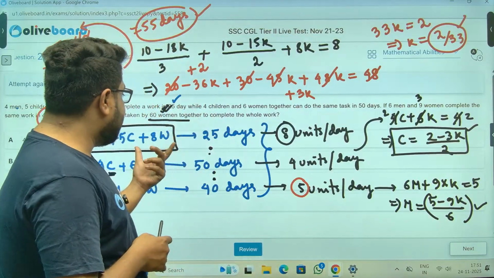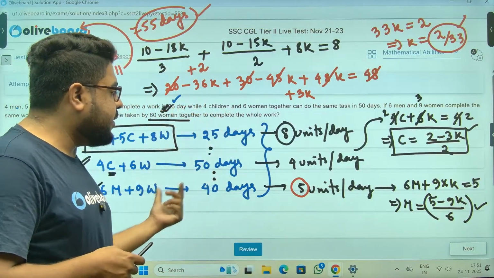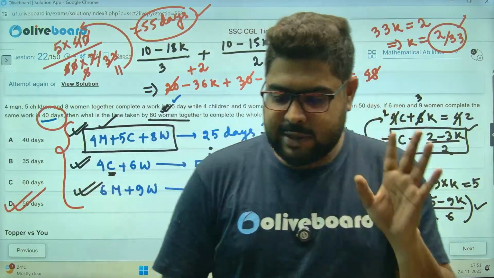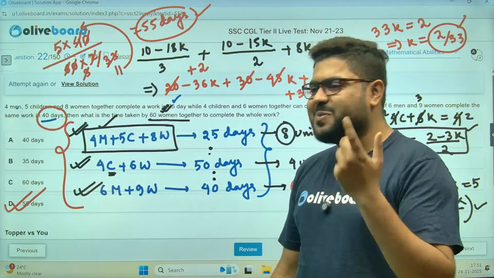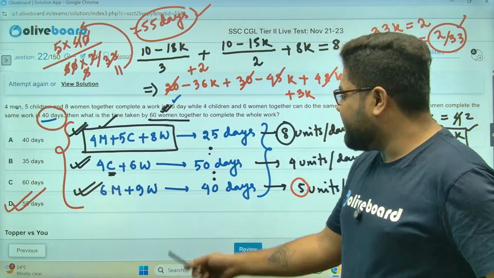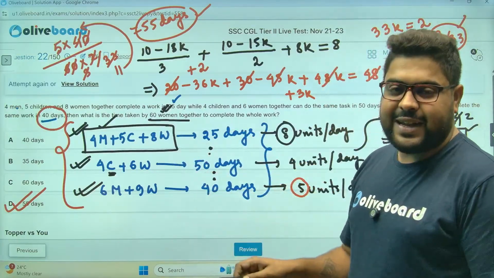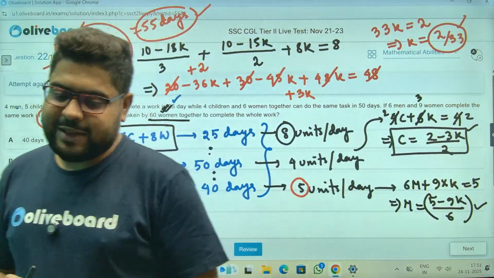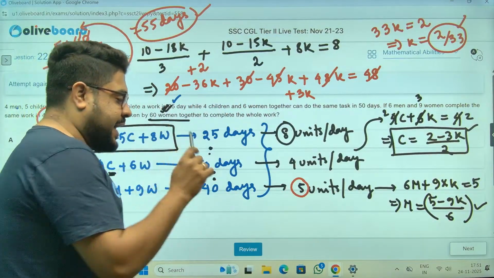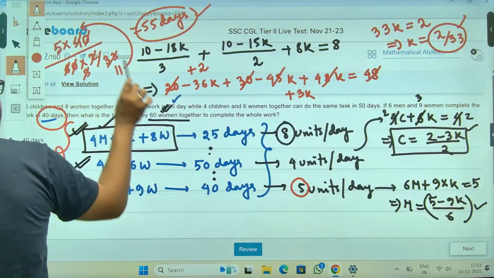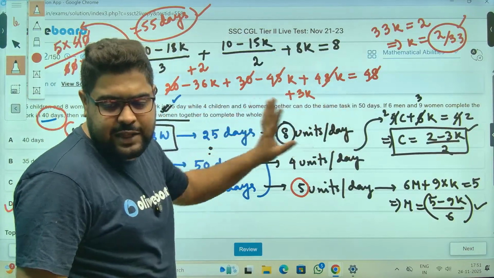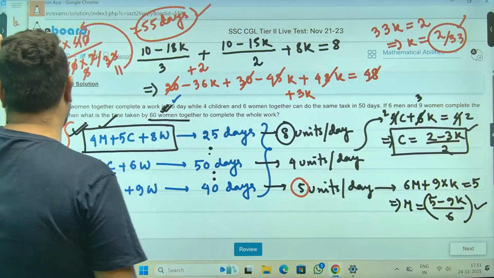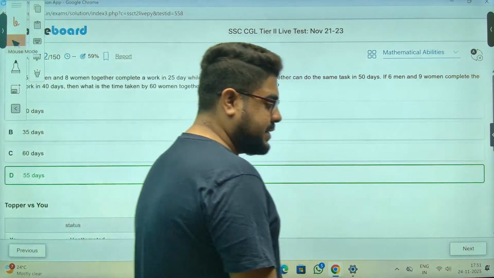Because if you go by the normal methods, this equal to 1 by 8, this equal to 1 by 4, this equal to 1 by 5, those methods are very good for books, because nobody will check. But when you are doing it practically, those calculations are sometimes very difficult depending on the values. So please have this understanding of equation solving. The concept was over in this line only. Done? Option D was the answer.